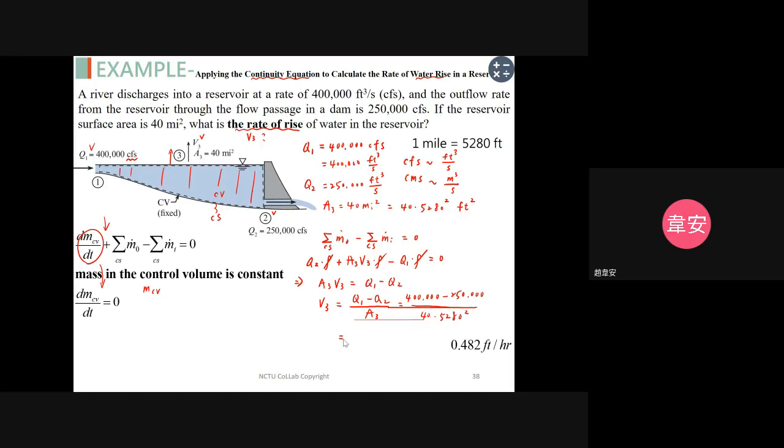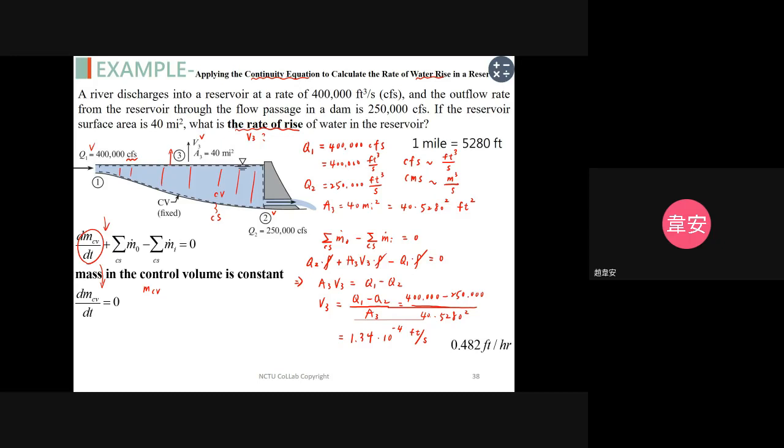Okay, so the answer here is 1.34 times 10 to the power of minus 4, and the unit here is ft per second.